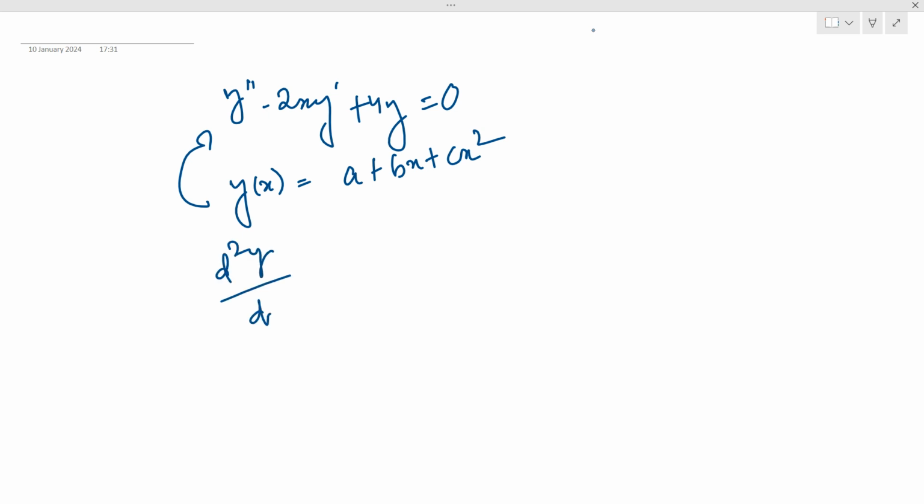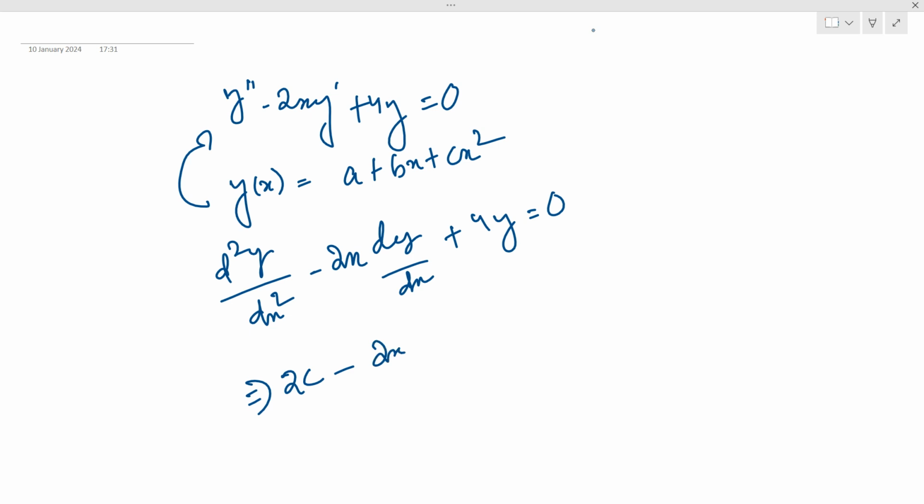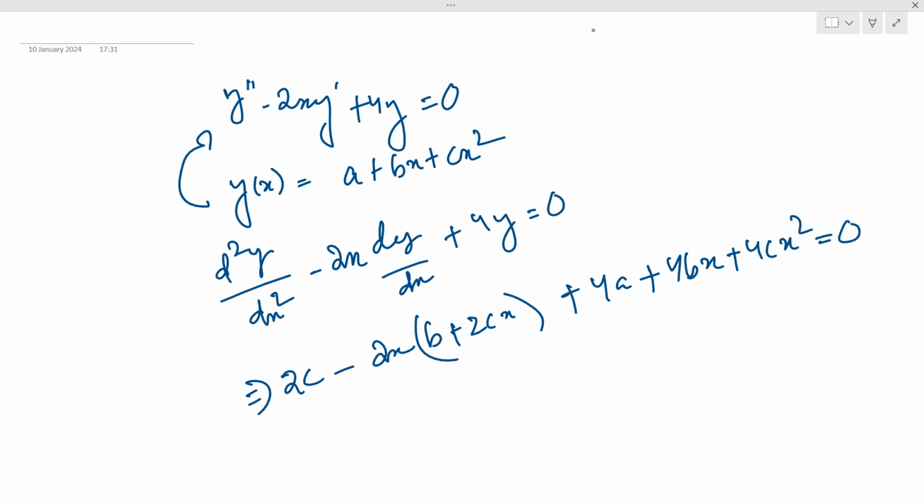d square y by dx square minus 2x dy by dx plus 4y is equal to 0. So this should be 2c minus 2x b plus 2cx, plus 4a plus 4bx plus 4cx square is equal to 0.